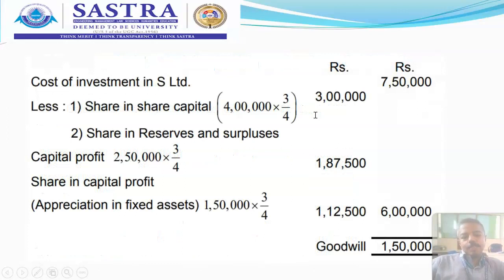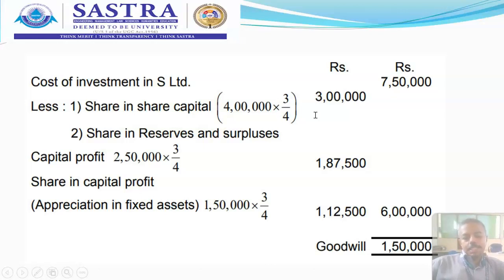The cost of investment in the subsidiary company Limited is 7,50,000. Then subtract the following 3 points. One is share in share capital, that is 4 lakhs, of which 3/4 is 3 lakhs.